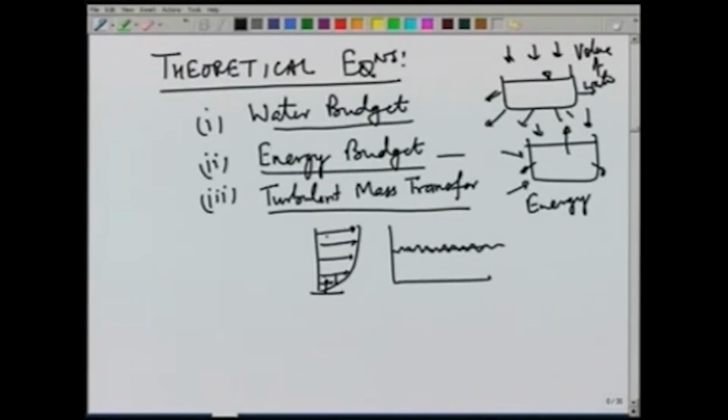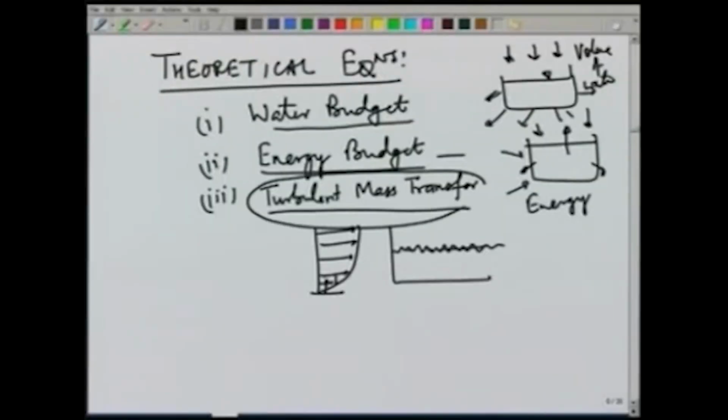And looking at the theoretical behavior of this mass transfer, we can evaluate the concentration of water vapor in the air, and that gradient, or the gradient and the fluctuations, will cause the mass transfer or will cause evaporation. These theories are a little more advanced, so we will not look at them here. Only these two, water budget and energy budget, we will look at here.